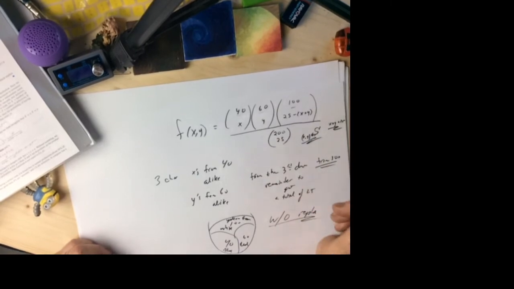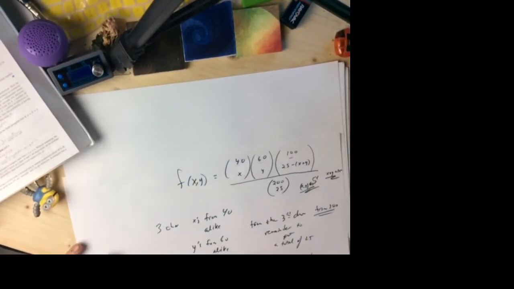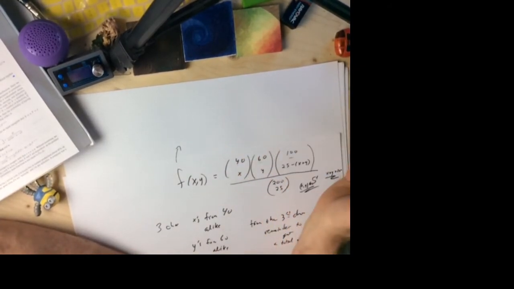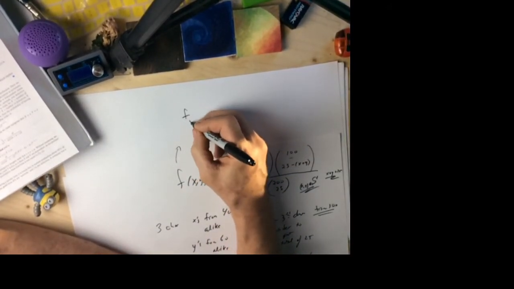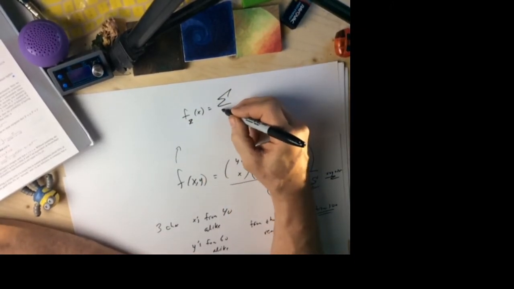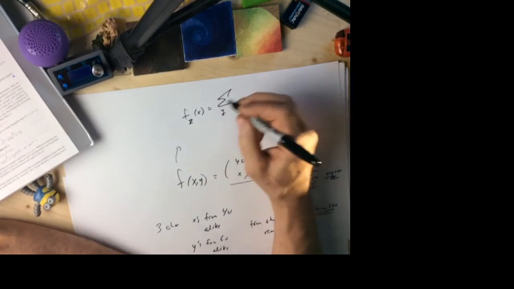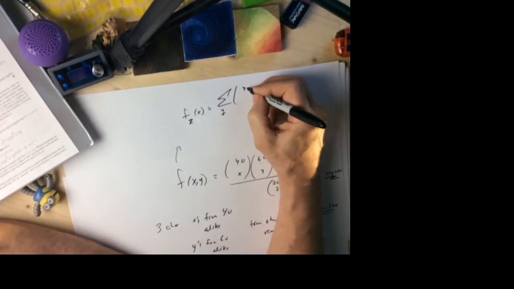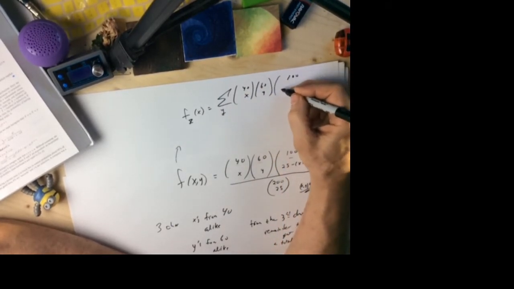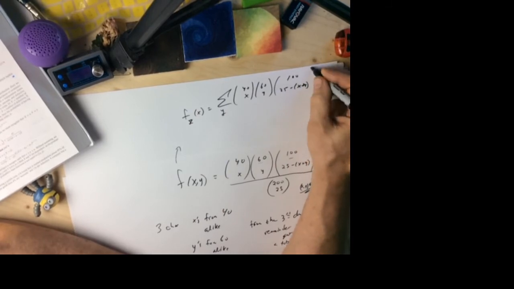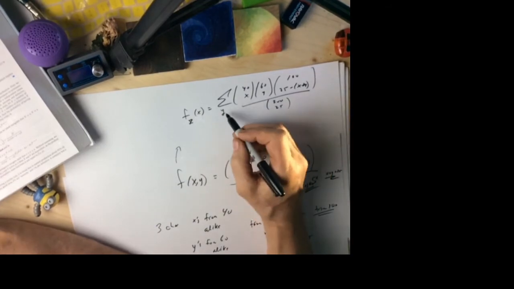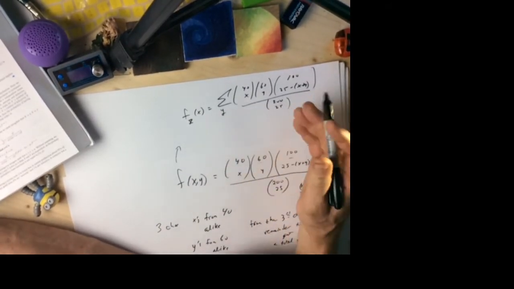Now, what's interesting about this one is what happens if we decide to actually limit this. Let's calculate f sub x. Well, that's going to be the sum over the y values for each x. So when you specify y equal to 0, we get our first answer.